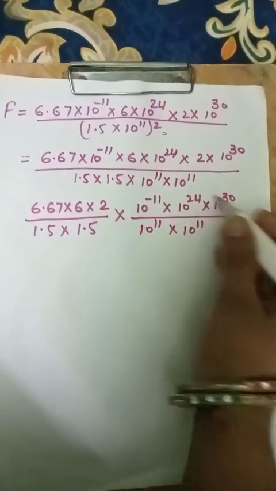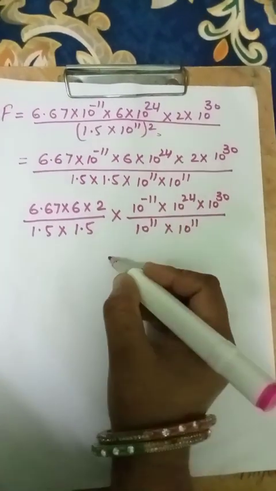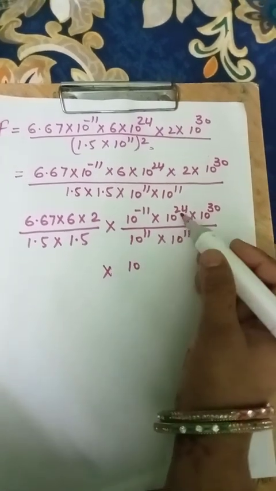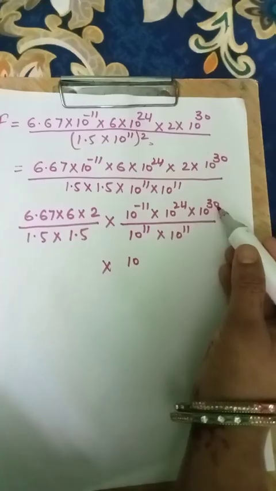So first of all we need to solve this particular portion. So this 10 raised to power 11 and 24 and 30.